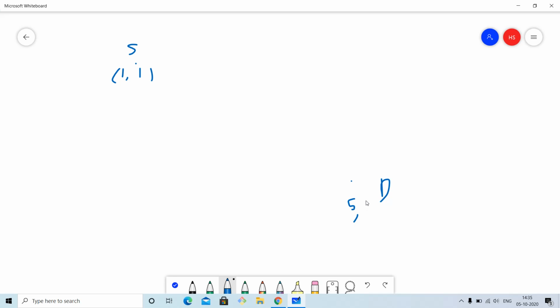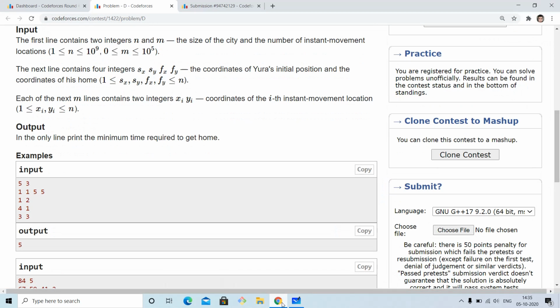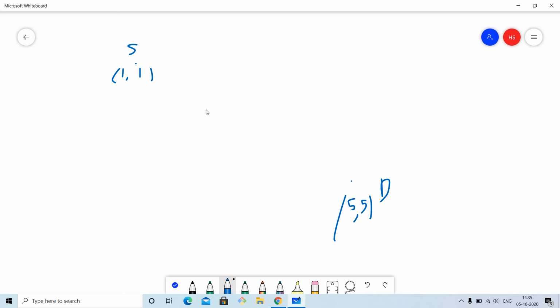One is at 1 comma 2, which we can call m1, and then there is another at 4 comma 1, which we can call m2.